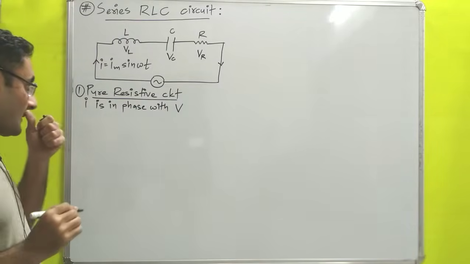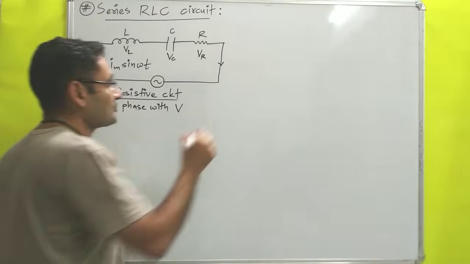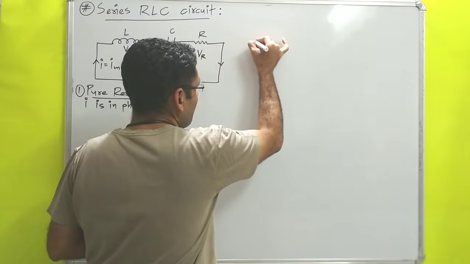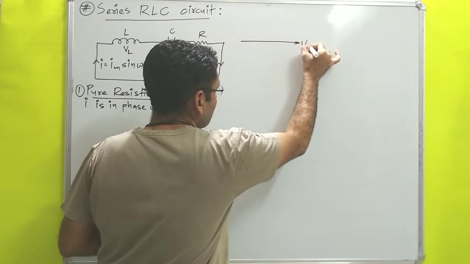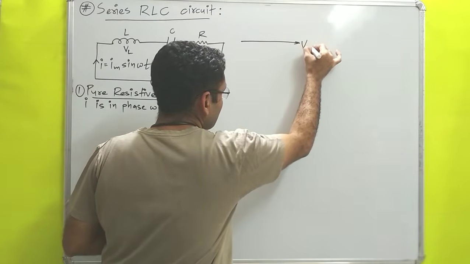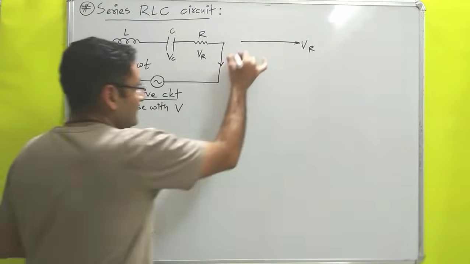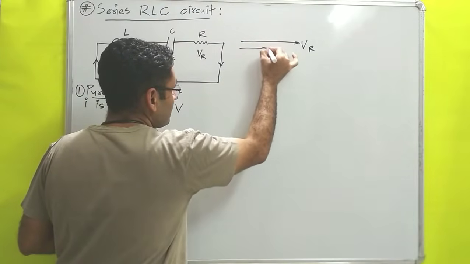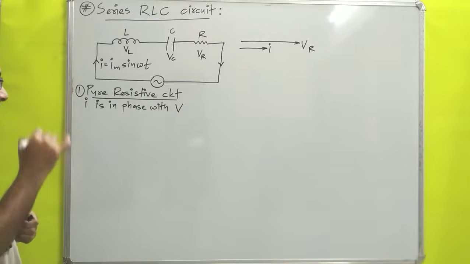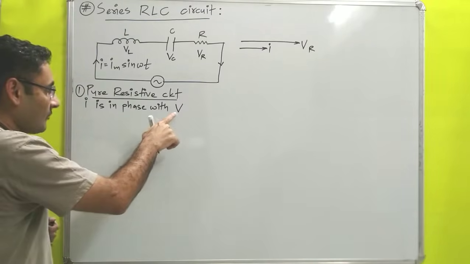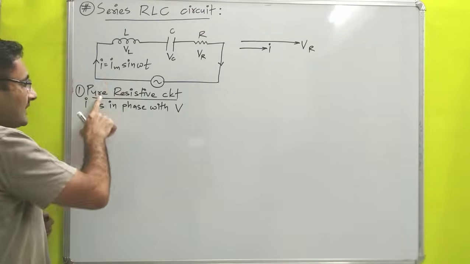If I want to draw the diagram, over here I will draw like this. That is VR, and the current is in phase with the potential, so that is I.